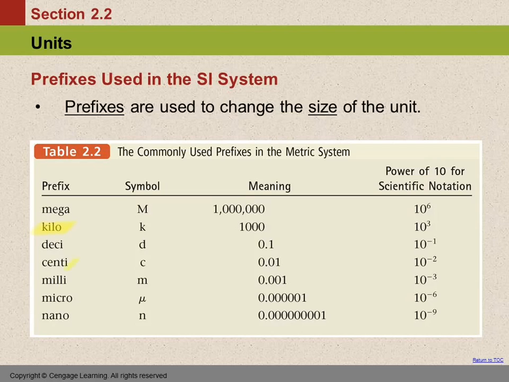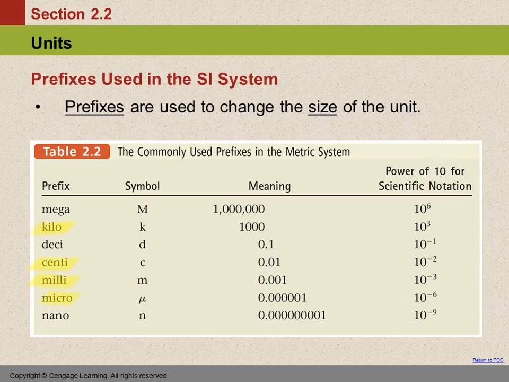Kilo and centi and milli, and I think I put micro on there. These are the ones that we use more often. Mega means a million. Kilo means 1,000. So a kilometer is 1,000 meters. Kilo is a prefix that multiplies whatever you put it in front of by 1,000.